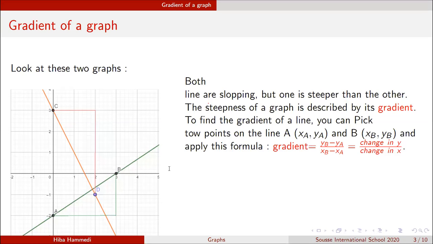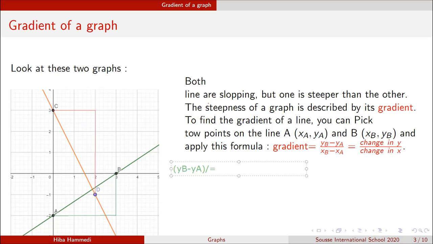Applying it for the green graph, it will be YB minus YA. So YB is equal to 0.